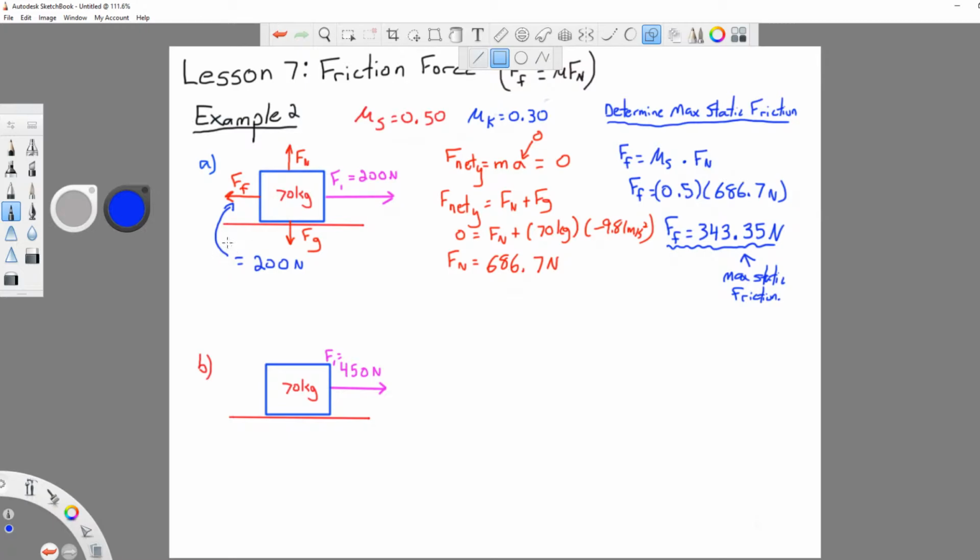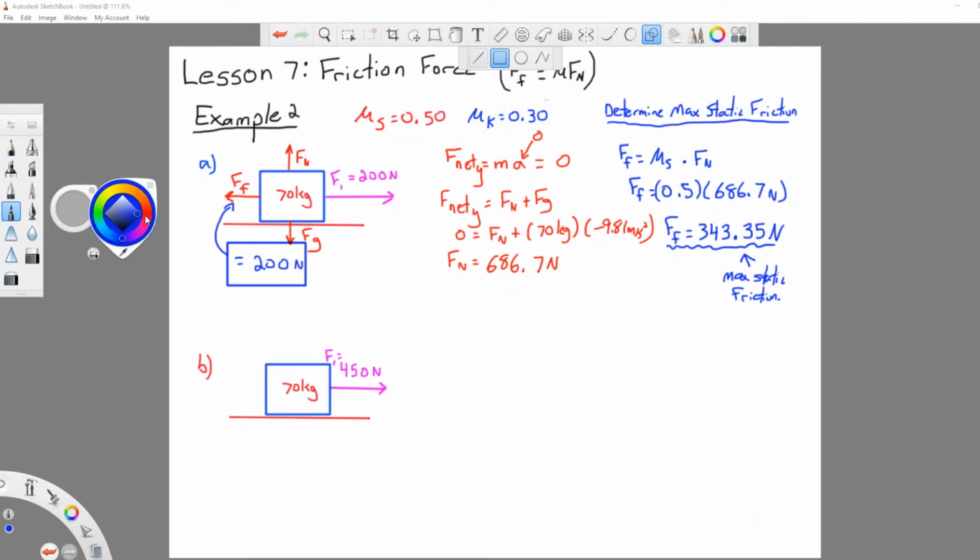All right? Because ultimately, for this object not to move, we need an F net value in the x direction of 0. So if there's 200 pulling this way, there has to be 200 pulling that way. All right, I really digressed on that. Let me move on to part B. Okay, so now we have a 450 newton force pulling on this thing.